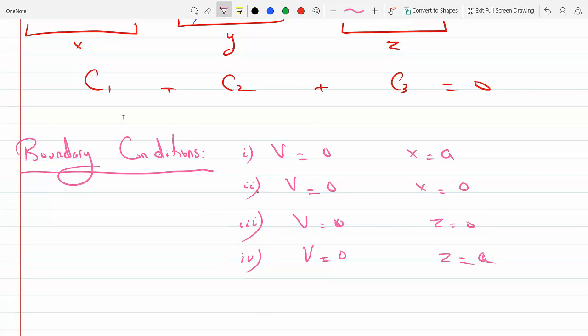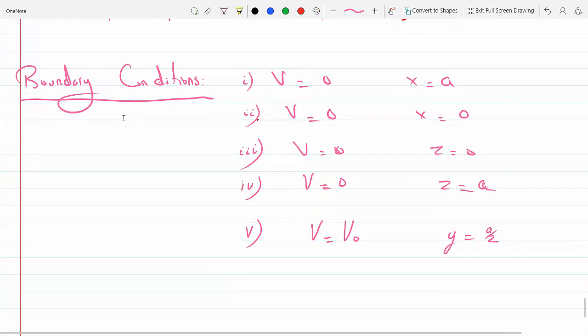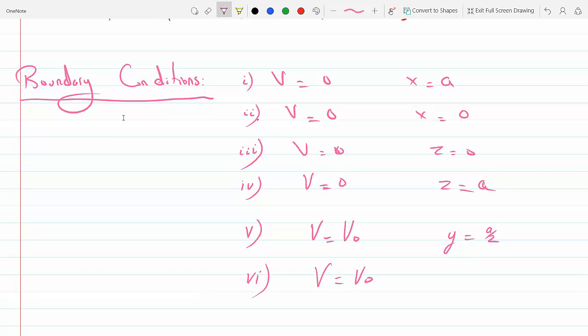Okay, and then the one before the last one: when y equals a over 2, V is V0, right? And the last one, the sixth one, is V equals V0 also when y is minus a over 2. So we have 6 boundary conditions to play with here.